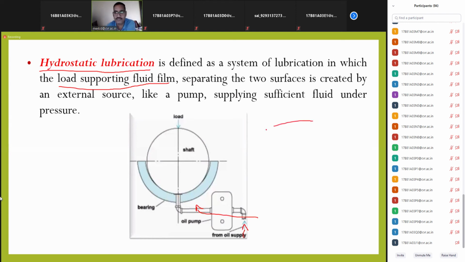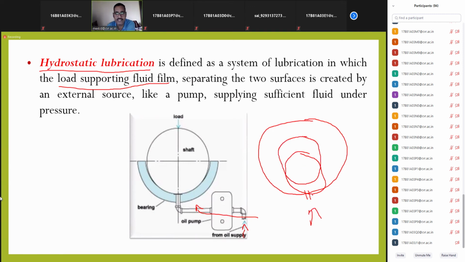For example, this is a bearing, this is a shaft. There is no oil film here. But later, what we do is supply the oil. When we supply the oil, the shaft will be lifted with the oil and this will be filled with the oil. If more oil is supplied, it will go somewhere here.